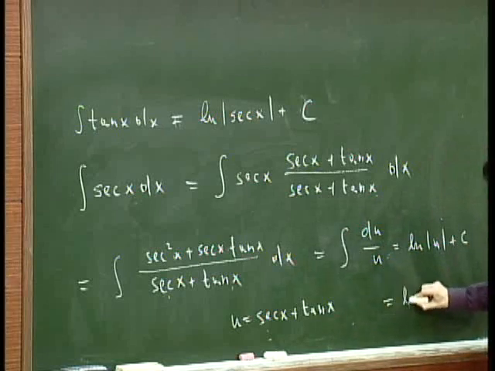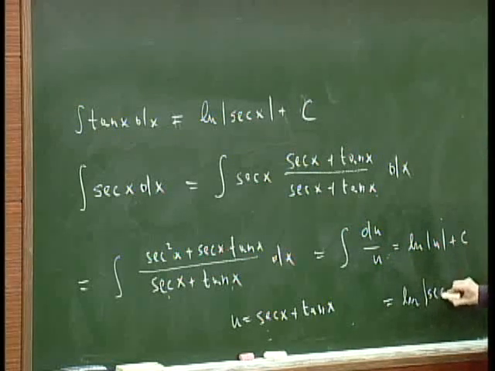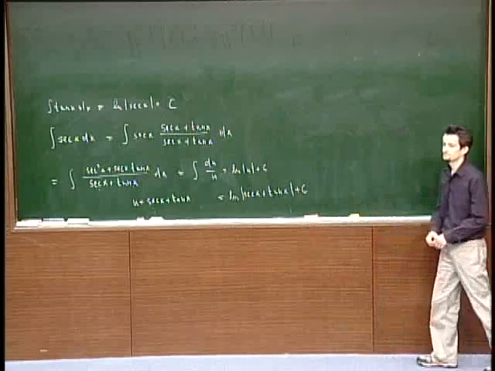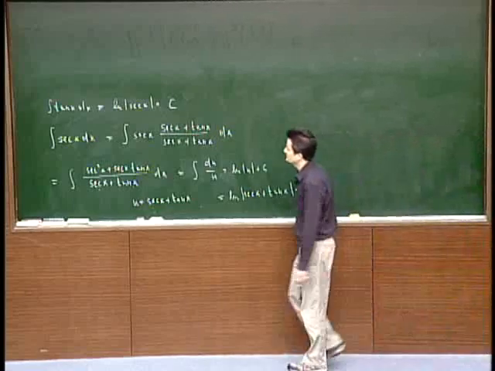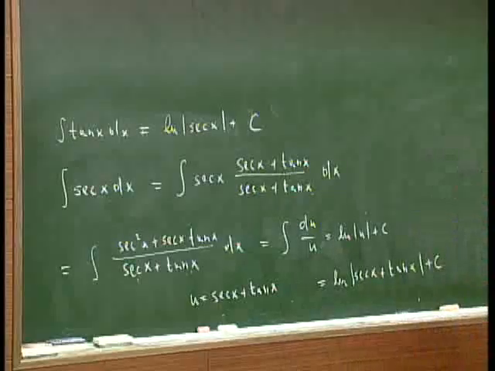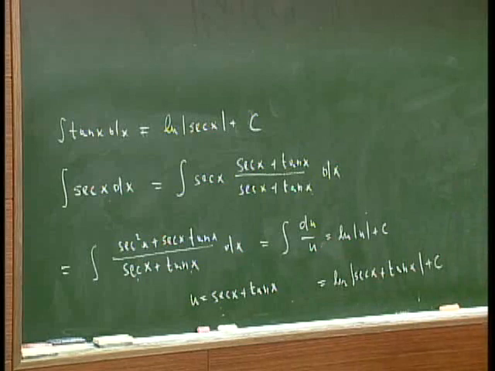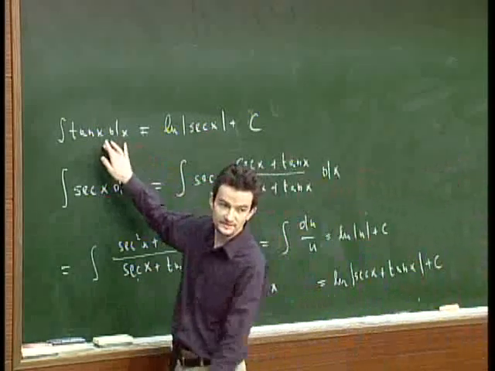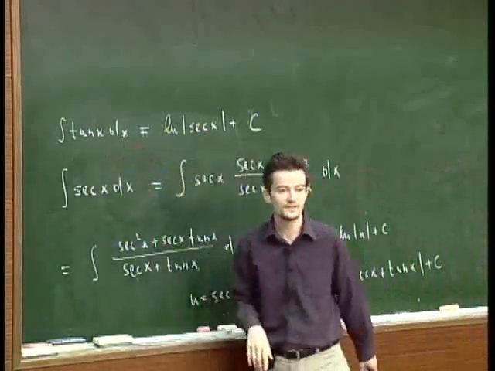So this integral is ln absolute value of secant of x plus tangent of x plus a constant. This just tells you that in this case, you need some tricks in order to handle the integral. So those are the two cases: the integral for the tangent, and the integral for the secant.